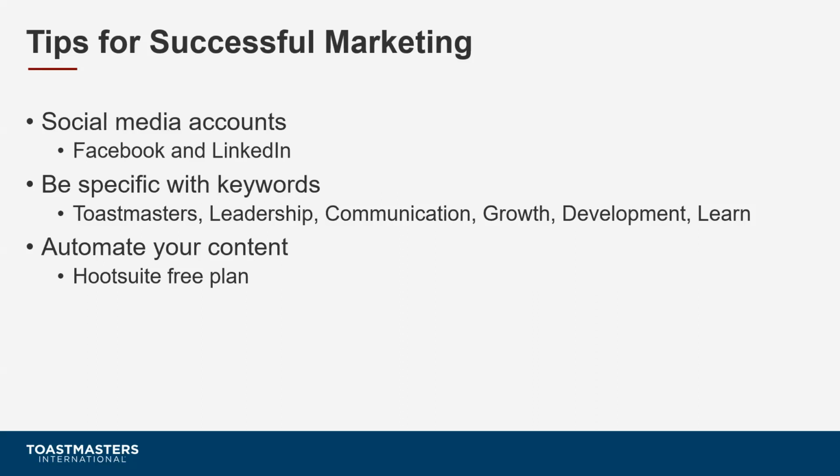Hootsuite is the big player in the field of automation, and they offer a free plan that is actually great for clubs because it gives them just the amount of features that they need. This could be like if your club decided you were going to do motivational Monday quotes. I know a lot of clubs do that. You could load up a year's worth of quotes, and every Monday it will automatically pump it out to your club's Facebook page.